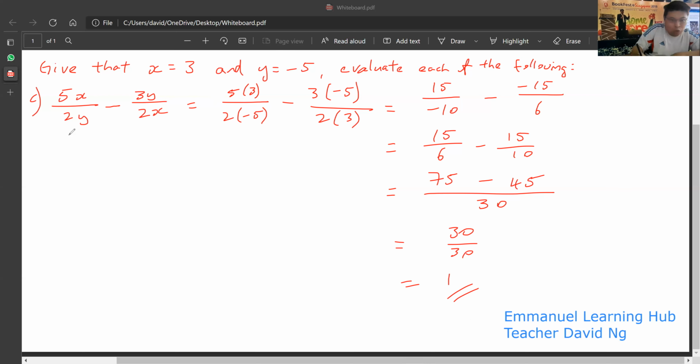Another way is purely algebra. 2xy, 5x squared minus 3y squared. Purely algebra also cannot, because you have two unknowns.